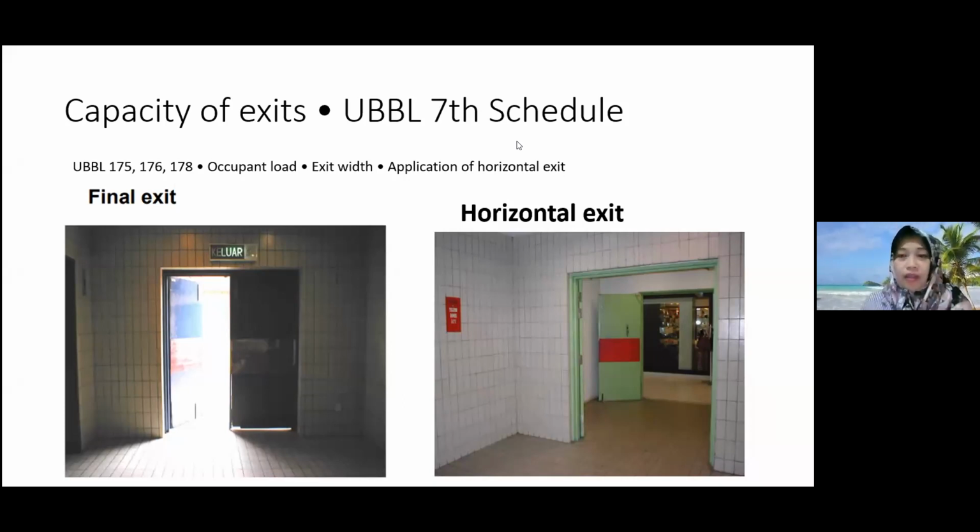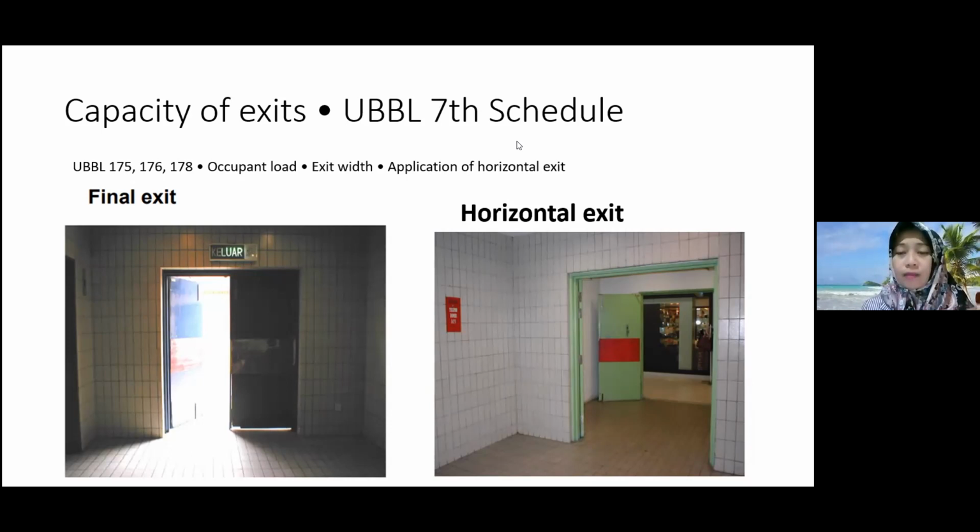So the images here would be slightly different. Final exit means the exit to outdoor, definitely to outdoor. There is no more internal. But with a horizontal exit, when you open up the door and exit, you are still in the building. We call it a horizontal exit.